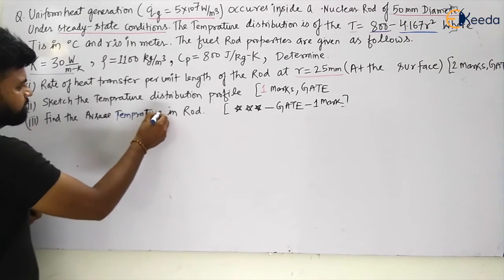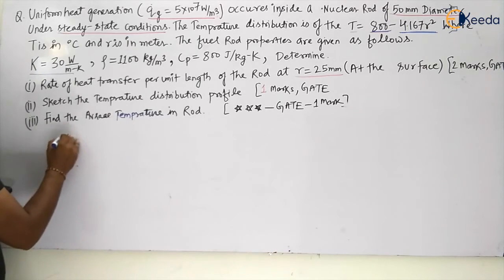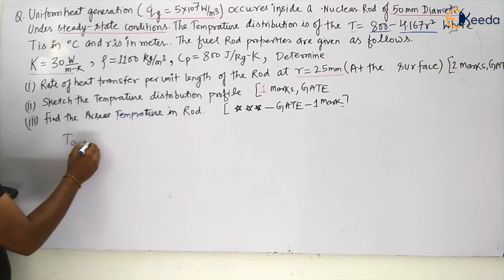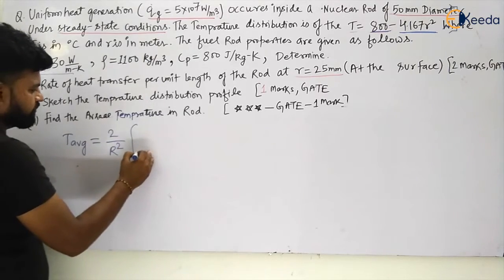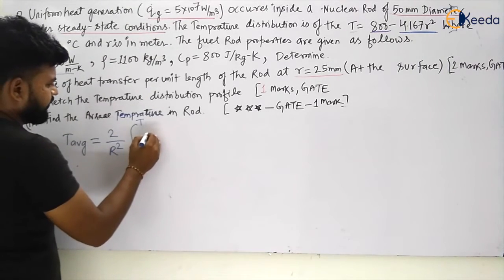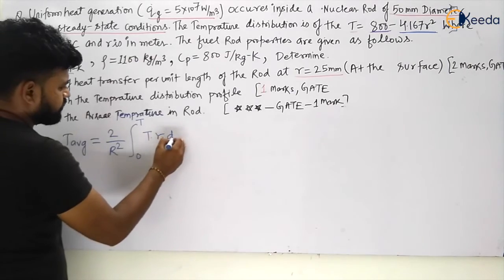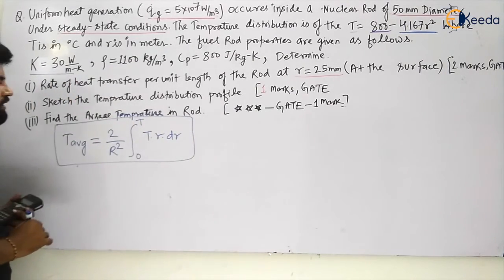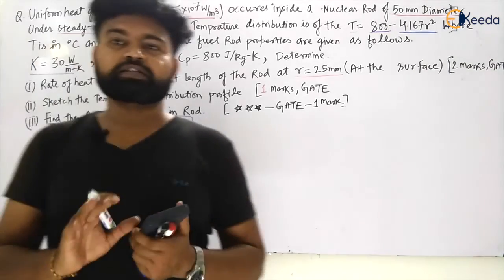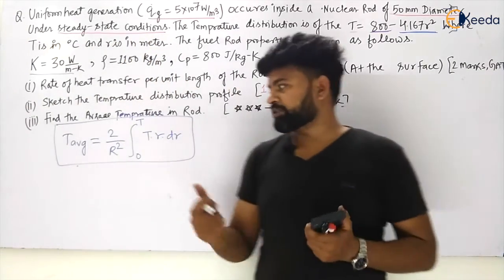So we know for the cylinder, T average is given by 2 by R square, integration from 0 to R of T times R dr. So the average temperature inside the cylinder is given by this equation, and we know the temperature profile.